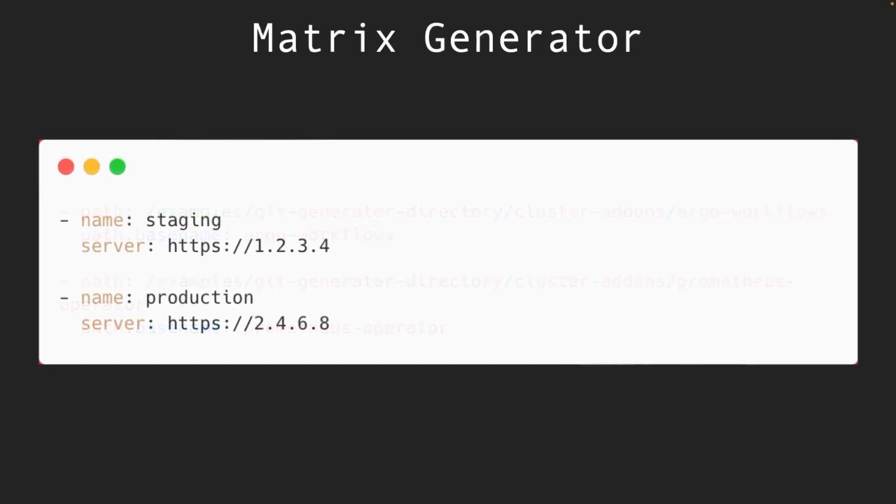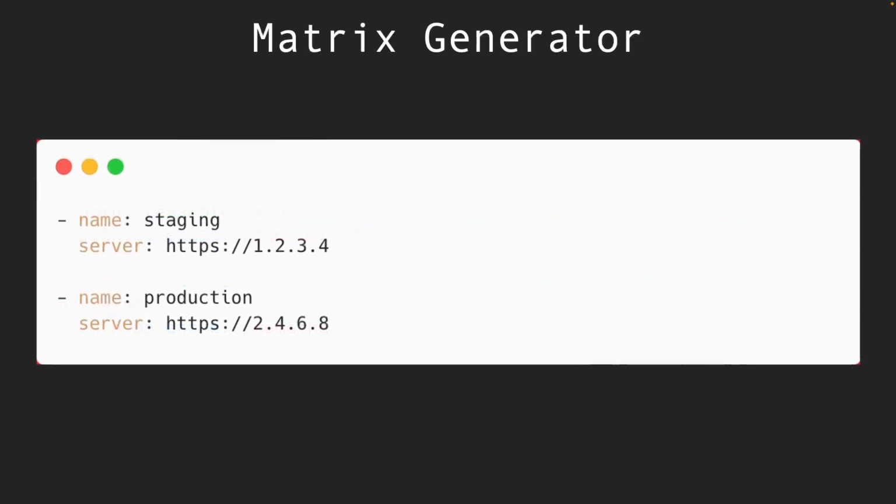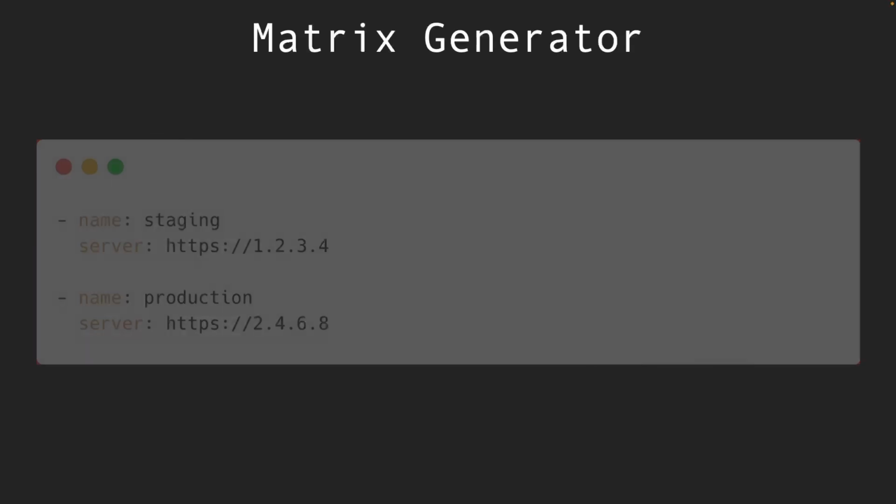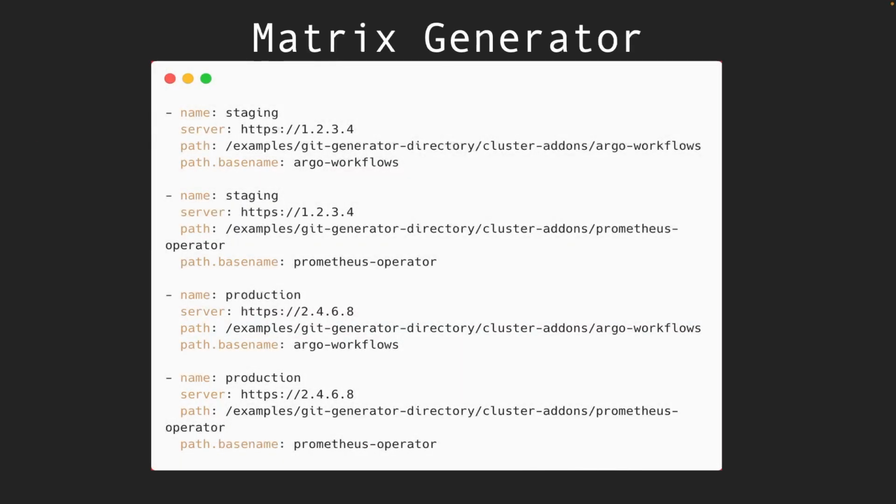Next, the cluster generator scans the set of clusters defined in ArgoCD, finds the staging and production cluster secrets, and produces two corresponding sets of parameters: name and server of our clusters. Finally, the matrix generator will combine both sets of outputs and produce this. So, as we can see, it is very useful and flexible for our purposes.